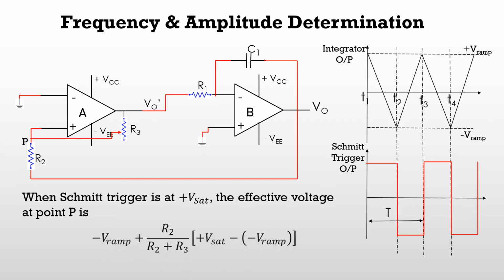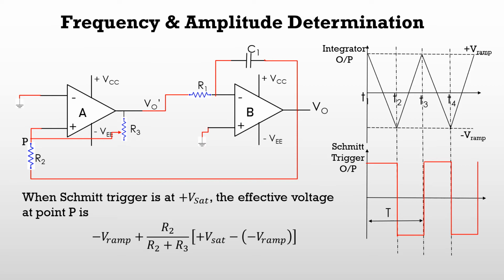Therefore, the effective voltage at the point P is given as minus V ramp plus, using the voltage divider rule, R2 into plus Vsat, which is the voltage at one end of the resistance R3, minus of minus V ramp, that is the voltage at the other end of resistance R2, divided by R2 plus R3.